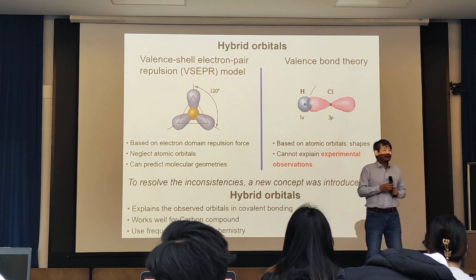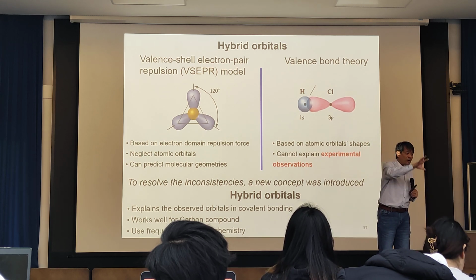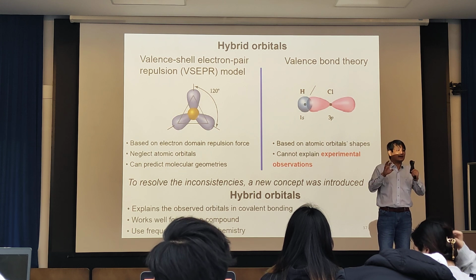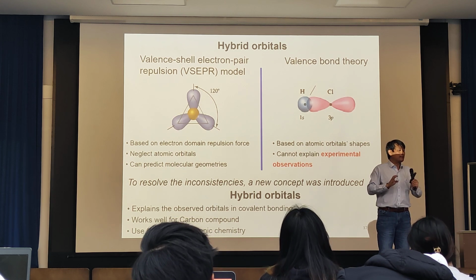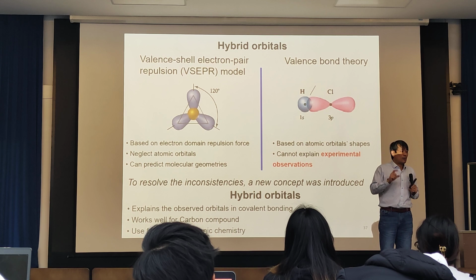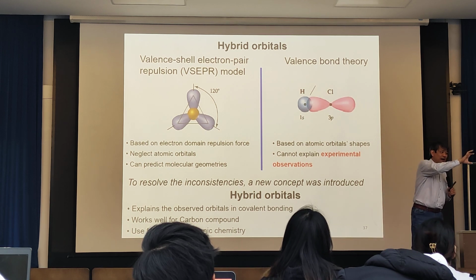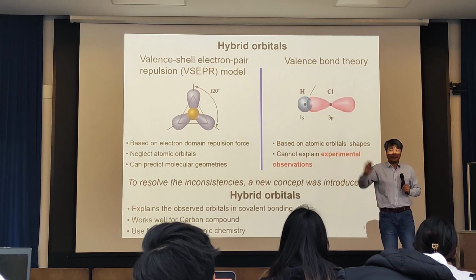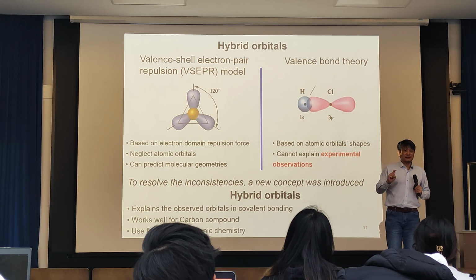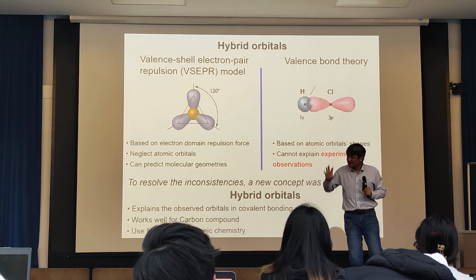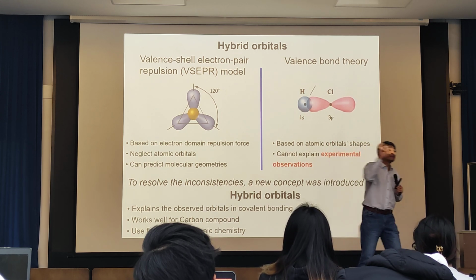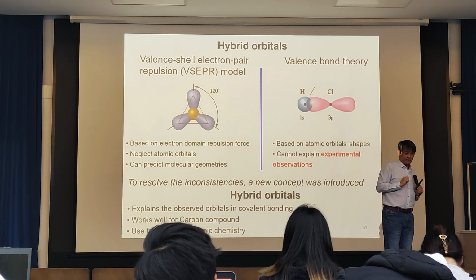So when carbon bonds with four hydrogen atoms, it will create at least two different kinds of bonding. One is between orbital S of the carbon and orbital S of hydrogen. The second is between the orbital S of the hydrogen and the orbital P of the carbon.